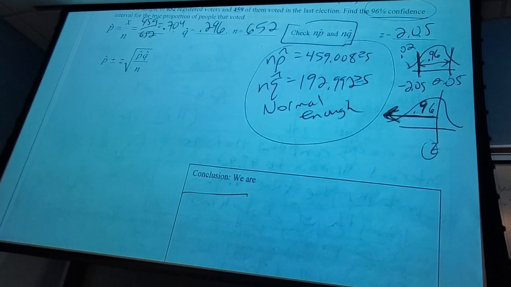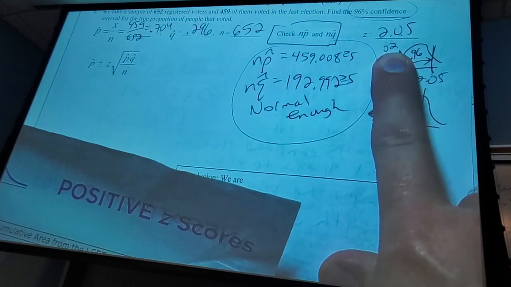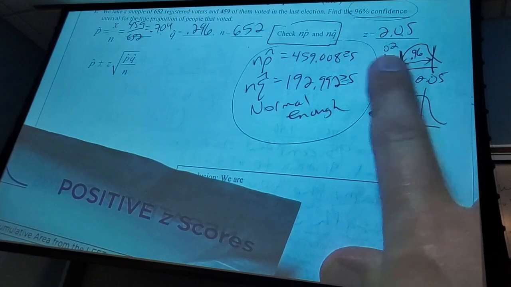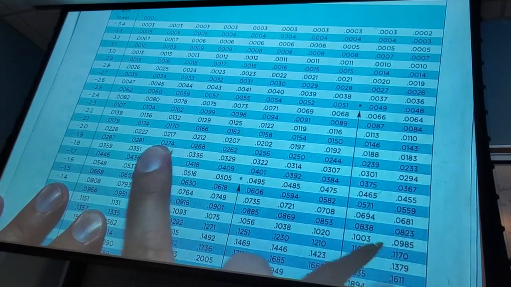So I look at 2.0 right here, and then under the 5. Well, no, I don't know ahead of time what the answer is going to be. So I look up 0.02, or 0.98 if you go below this guy. The closest I can get to 0.02 is right there.